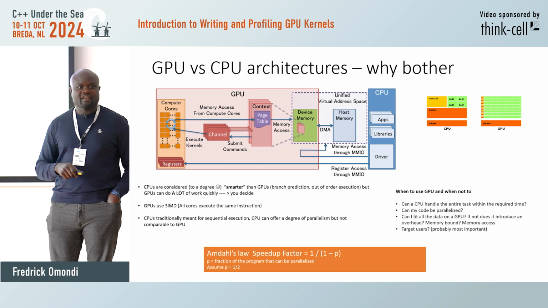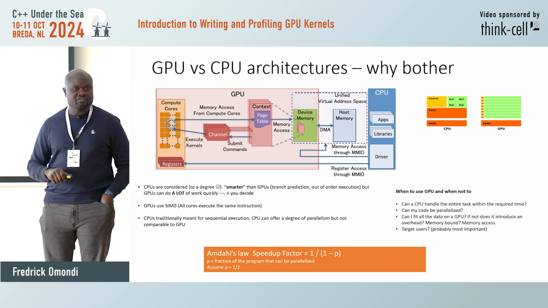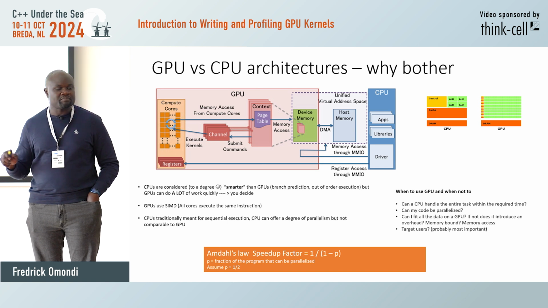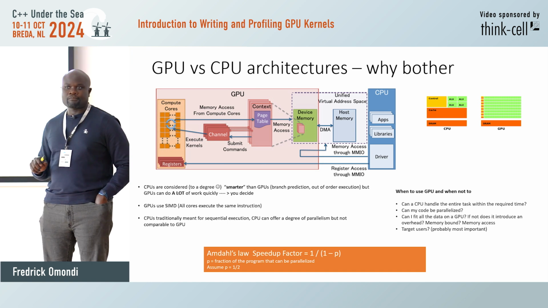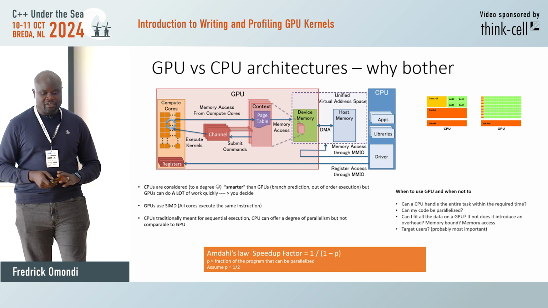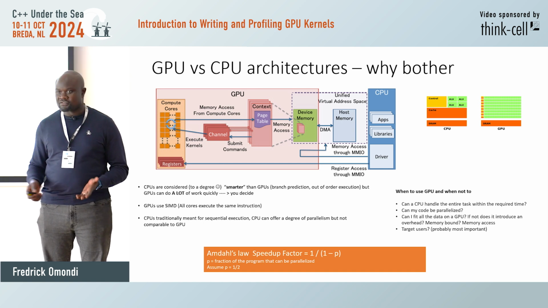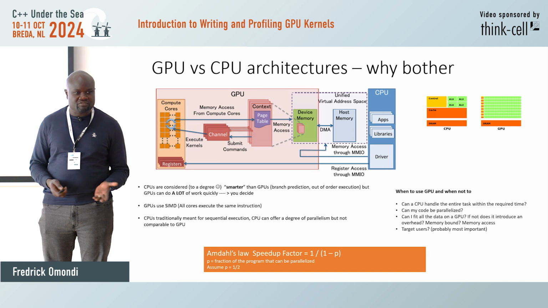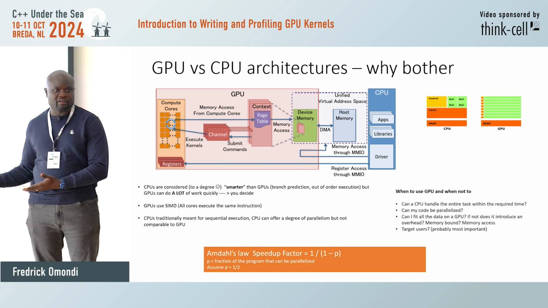The good thing is that you don't have to decide what to use. You simply cherry pick what works best for you. So the question comes up: when do I use the GPU and when shouldn't I? If the CPU can do the computation quick enough, then you probably don't need to offload it to the GPU.